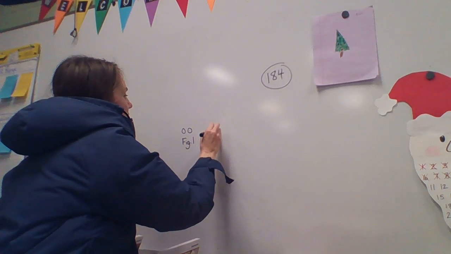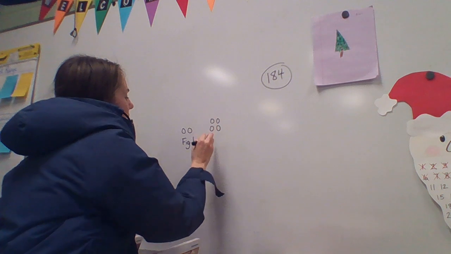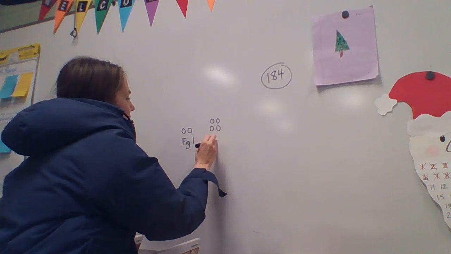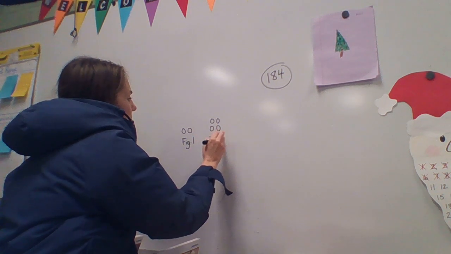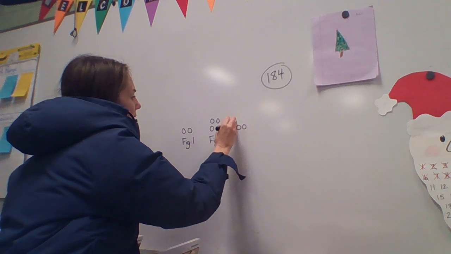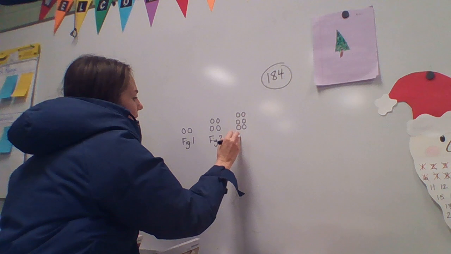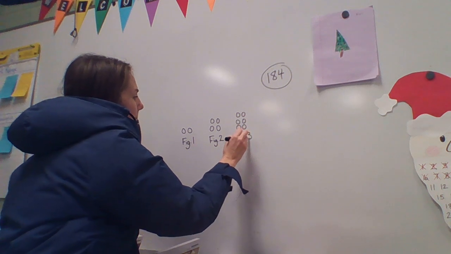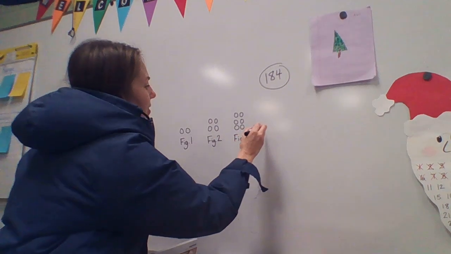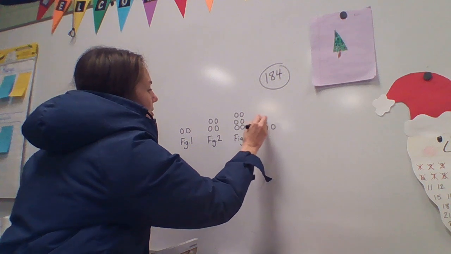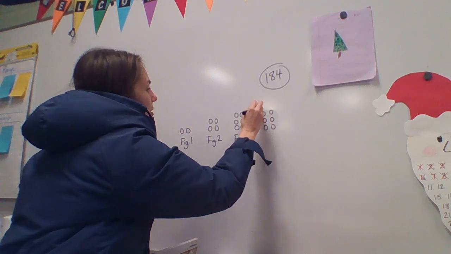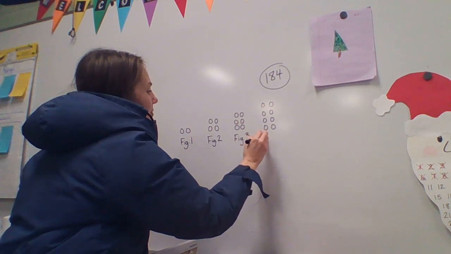The next one, I have 2 circles stacked on top of those 2 circles. So that's figure 2. The next one, I have 2 more circles stacked on that one. That's figure 3. And then the next one, I have 2 more circles stacked on top of that.